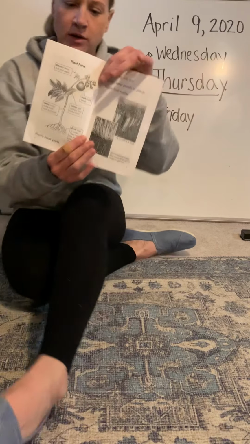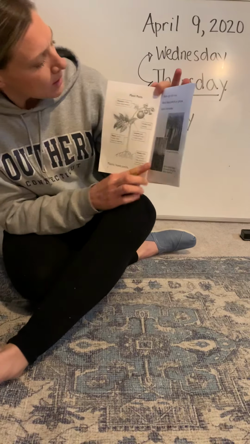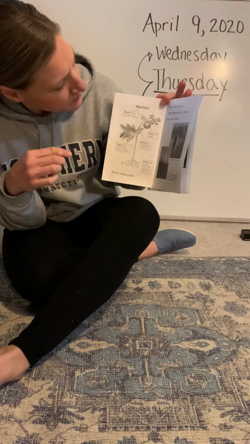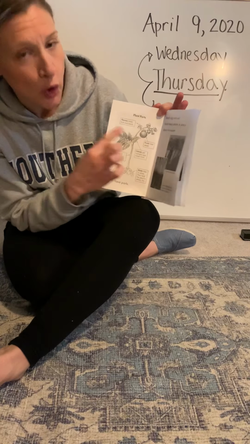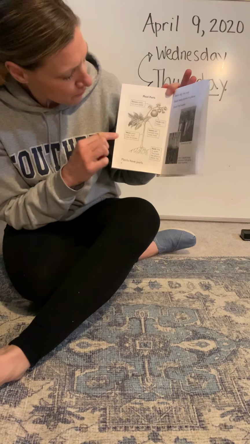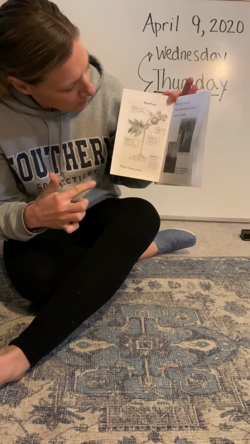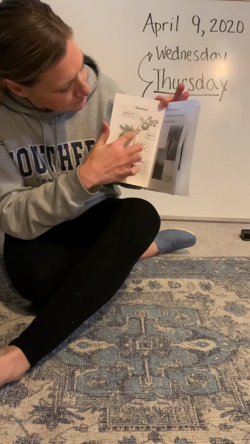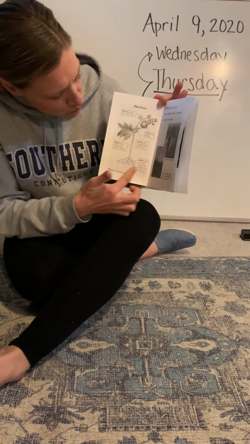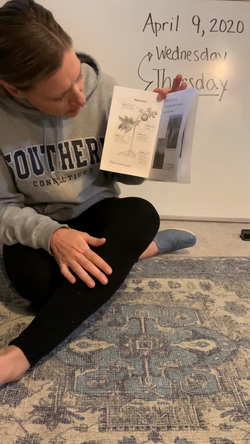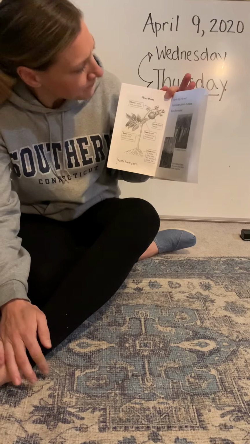These are the plant parts. We have the flowers. We have the fruits, which hold the seeds. We have the stem. We have the leaves. And then the roots down in the soil. They take in the water.